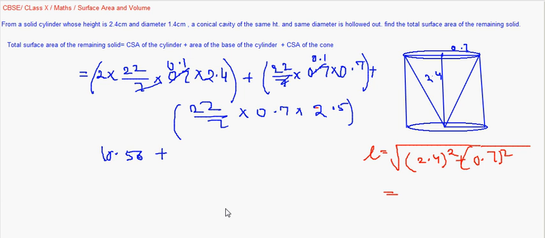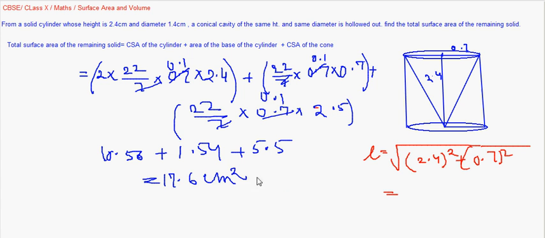The next is 2.2 into 0.7, that's 1.54, plus 22 into 0.1 again into 2.5. That's giving me 5.5. So it is 17.6 centimeters square, the surface area of the remaining solid after this conical part is hollowed.